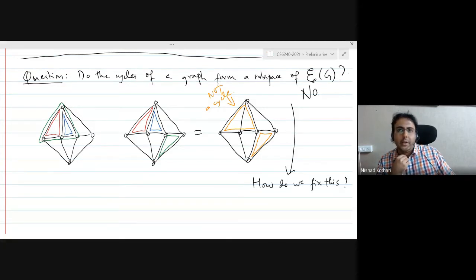Because then you'd have to pick one cycle, and then you can only pick those cycles which share at least one edge with the original cycle. Is that right? And even that, I'm not sure. Is it true? If two cycles share at least one edge, will their symmetric difference be a cycle?